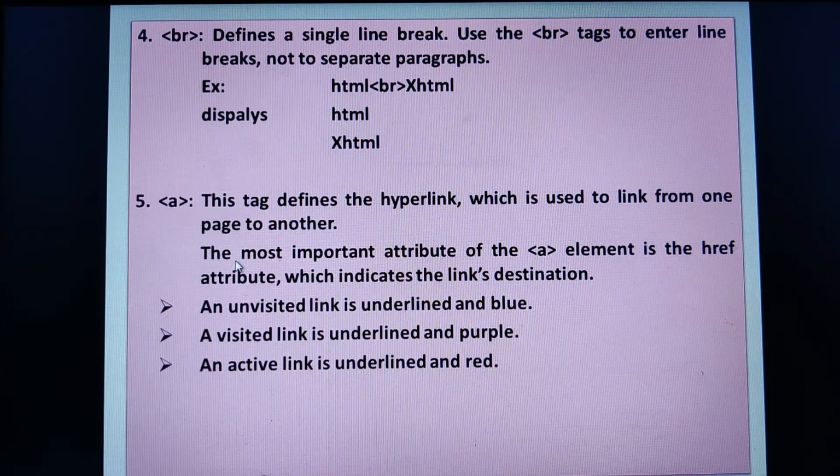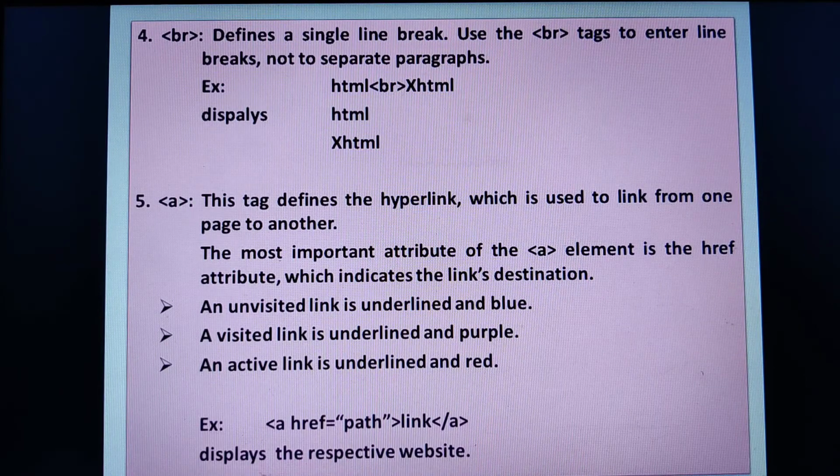I'll be showing you how we are going to use this particular anchor tag. See here, A indicates the anchor tag followed by an important attribute known as H-reference. This H-reference consists of the path where you need to link and then followed by closing the hyperlink.